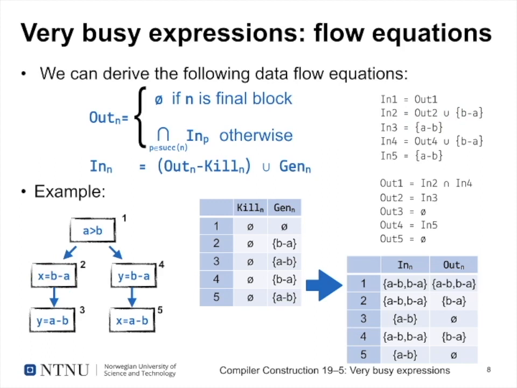We can do in 3 equals a minus b. So in 4 equals joining a minus b with b minus a. So in 5 is then a minus b, and from that we can calculate the outsets, and we finally arrive at our analysis result here, giving us in and outsets for our example.